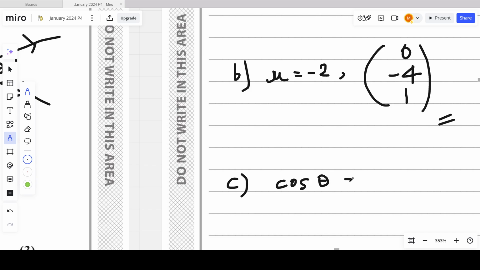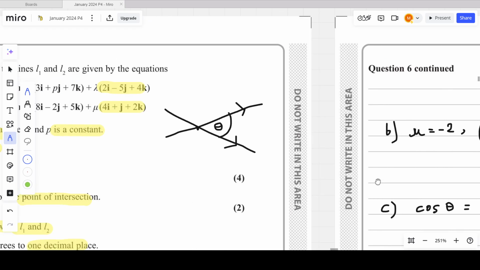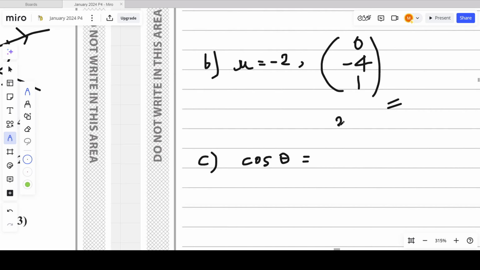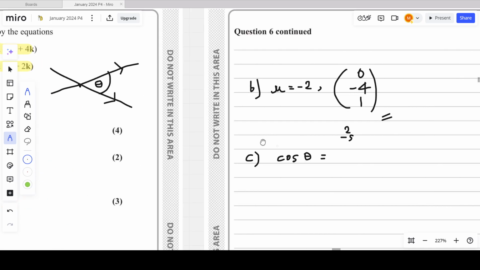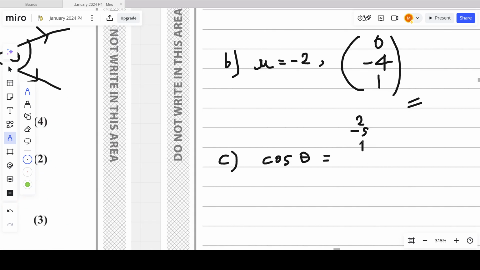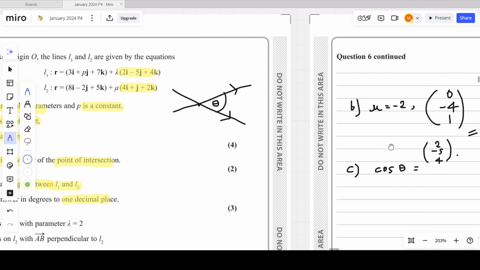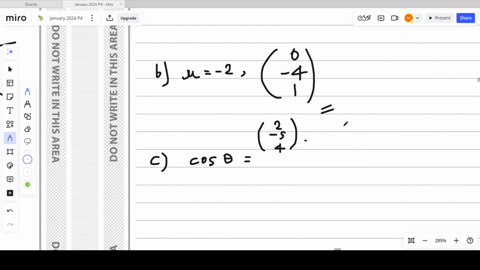Cos theta would be equal to the parallel vector for line L1, that is 2, -5, 4, dot the parallel component for line L2, that is 4, 1, 2.